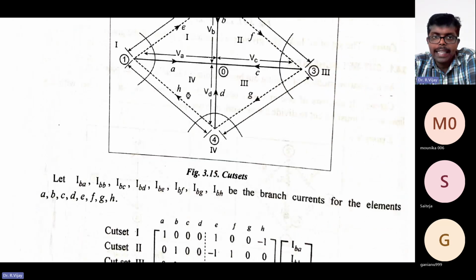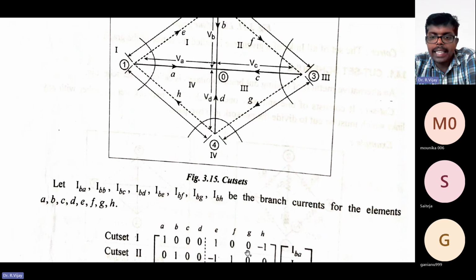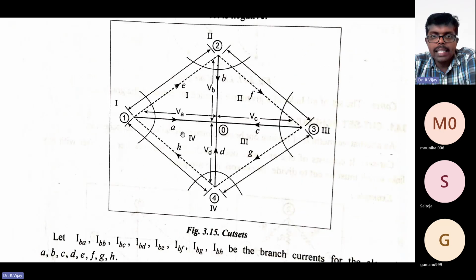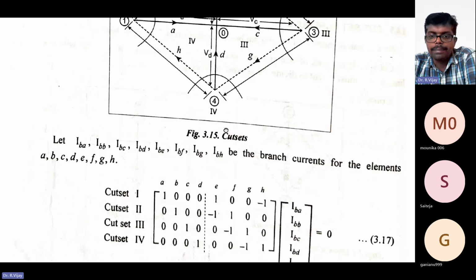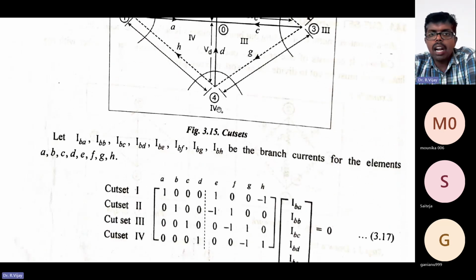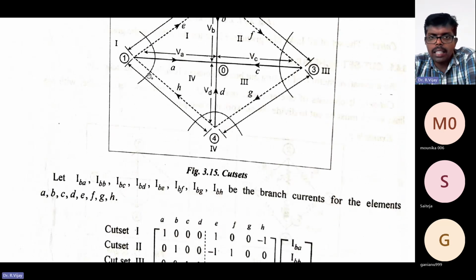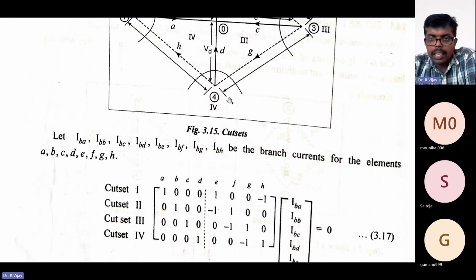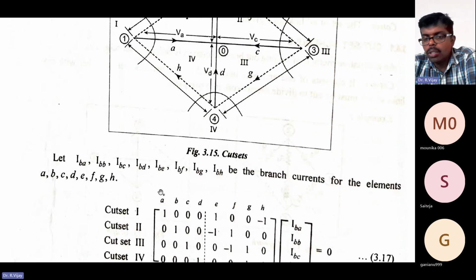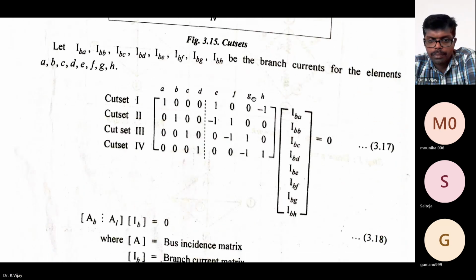H is coming inside, so we take -1. E is going outside, so we take 1. All the others are 0. No need to bother about the other branch currents.